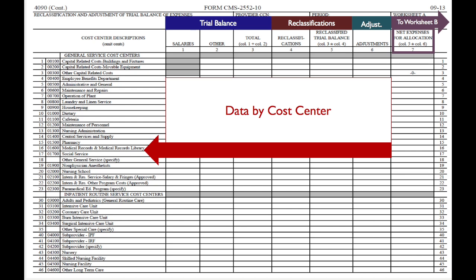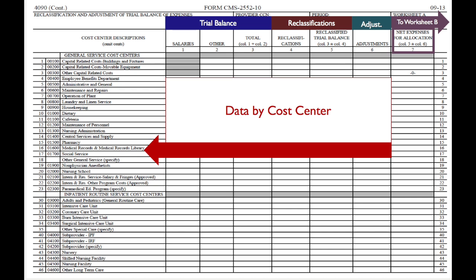After the trial balance is reclassified, there's an opportunity to make some adjustments. Again, there's a difference between accounting under the accrual basis, abiding by the Financial Accounting Standards Board, and the expense reporting of Medicare. So the adjustments column is really to make adjustments for items that are not allowed under the Medicare expense reporting. You don't want to report items that are not allowed to be expensed in terms of the cost report.